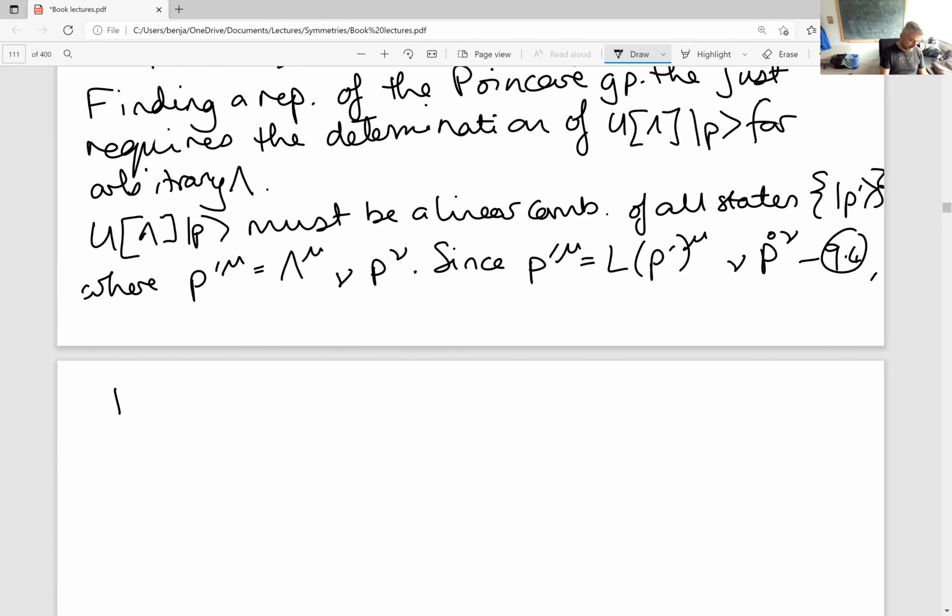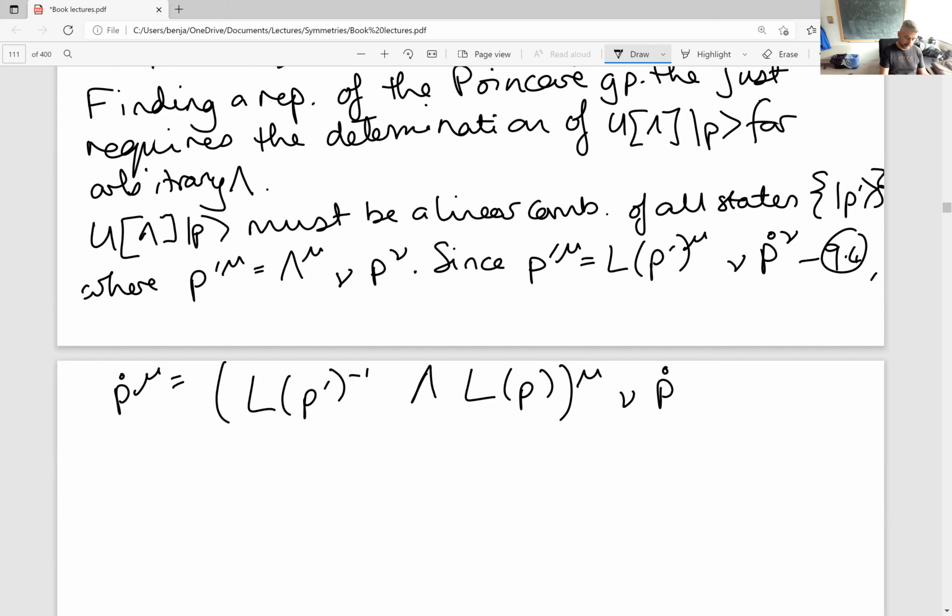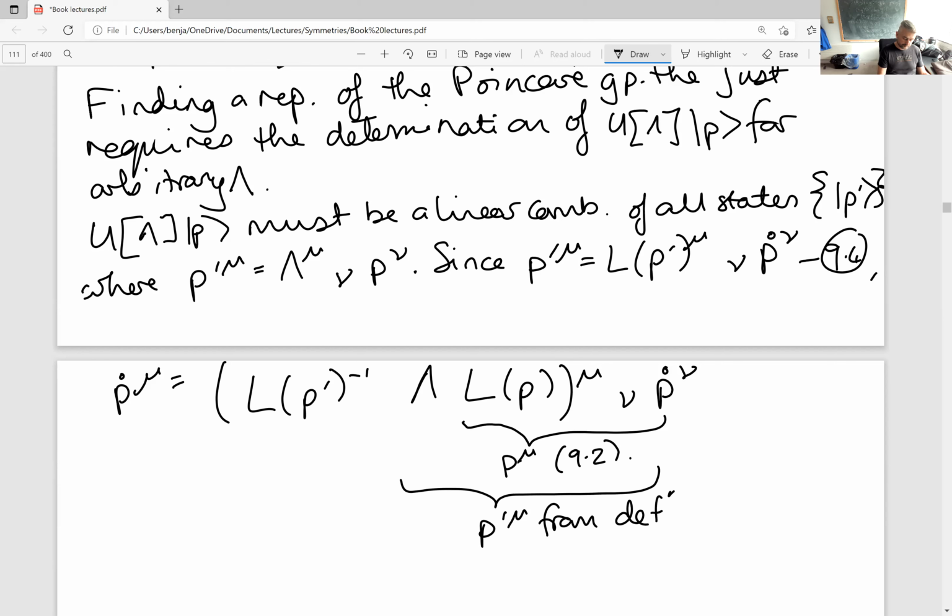We can show that P dot mu is equal to L of P prime to the -1 lambda L of P mu nu times P dot nu. Now we can see this because this combination here is P mu by 9.2. This combination here is then P prime mu from the definition of lambda, which is here.